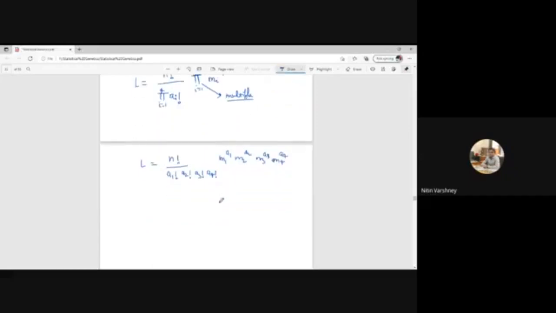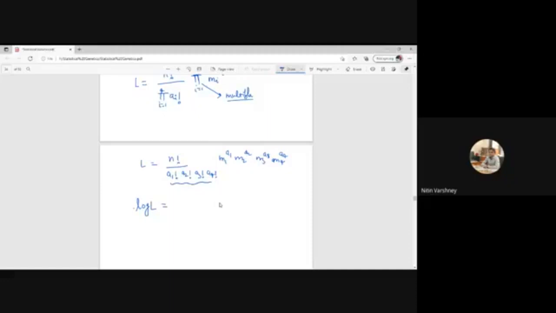Now suppose I want to maximize this likelihood. For that we take the differentiation and equate it to 0. For simplification, I will first take the log of L, the logarithm of the likelihood. Suppose this is a constant, and the power will come outside.